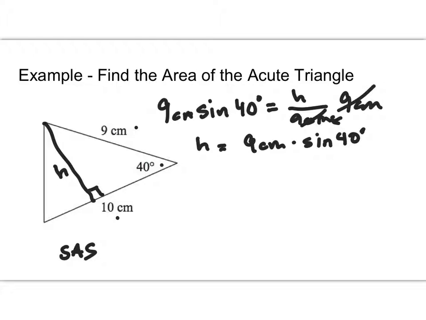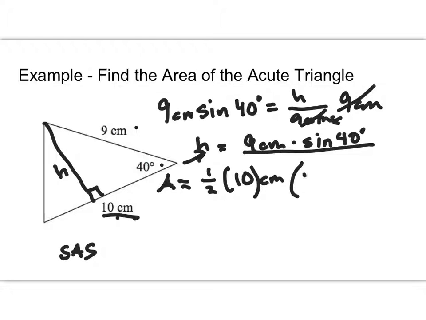Now that I have my height, I can go ahead and calculate the area. Area is 1/2 the base. My base is 10 centimeters. Oops, I forgot the centimeters. And times the height. I'm going to substitute in 9 centimeters times the sine of 40 degrees.